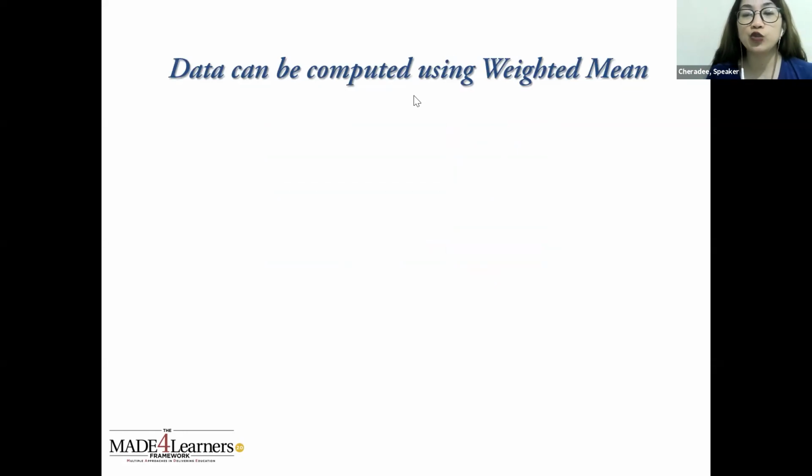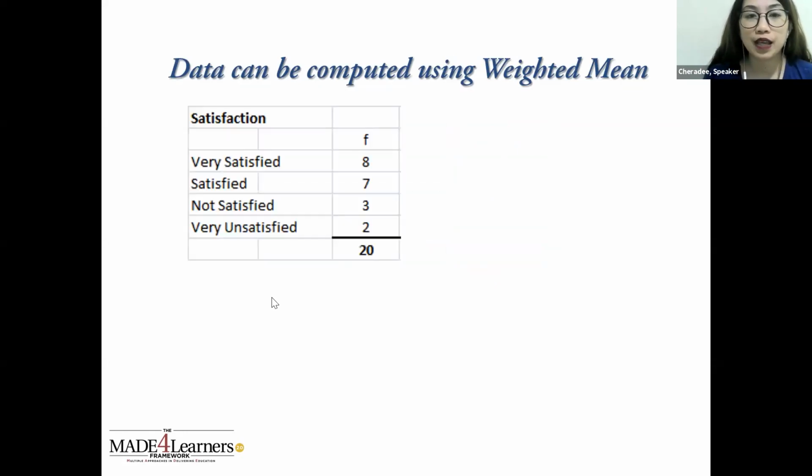Next, I'm sure you're familiar with the weighted mean. Why do we use the weighted mean? It is the same as what we did with 1, 2, 3, 4, 5 for the choco bars questionnaire. So 8 people answered very satisfied. You cannot just average all of them based on the count.